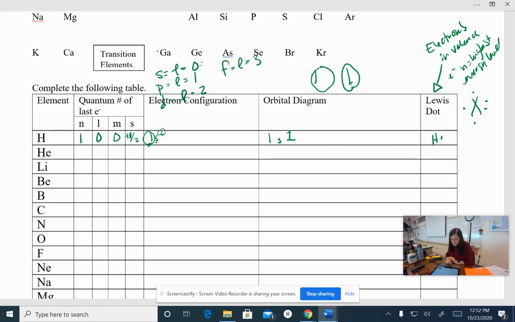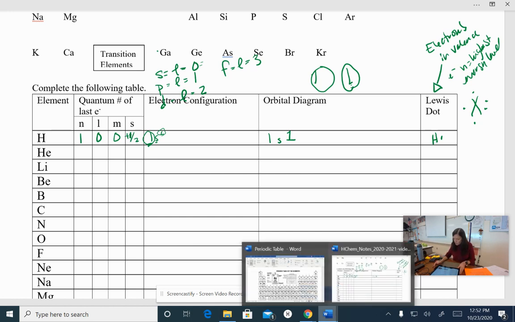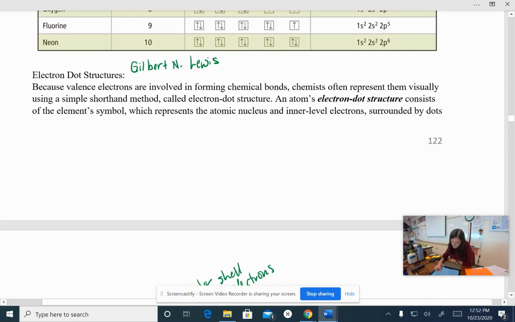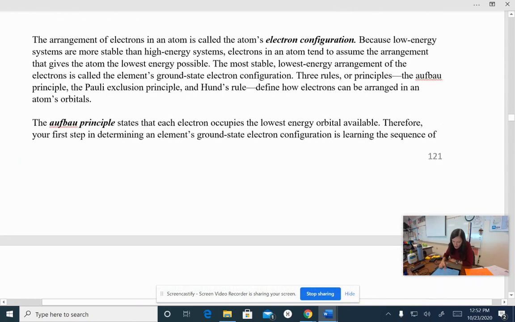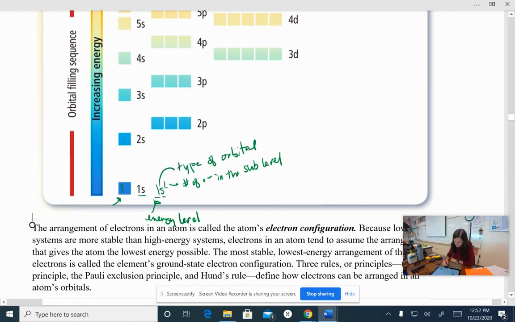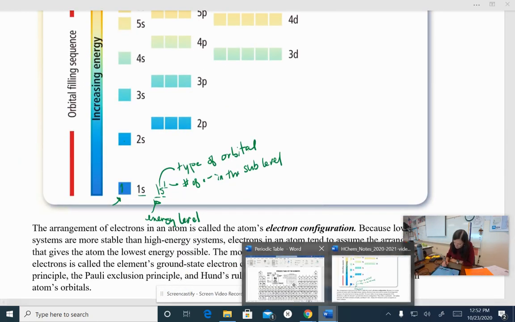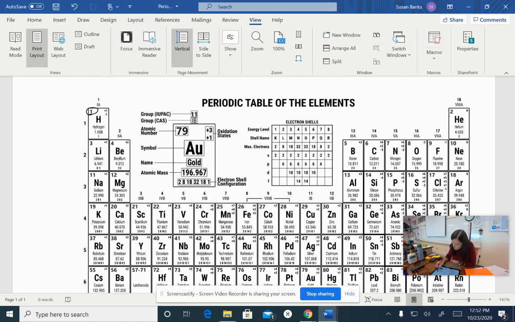Okay? And let's do helium. Now I should probably do a copy of this instead of scrolling back and forth. Maybe, maybe not. So if I look at helium, I've got 2 electrons here, right?